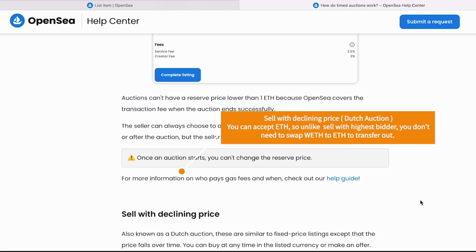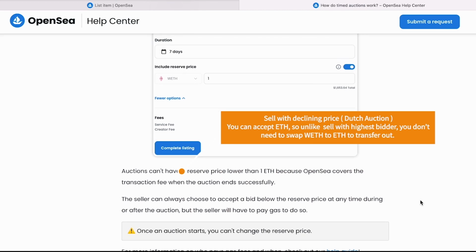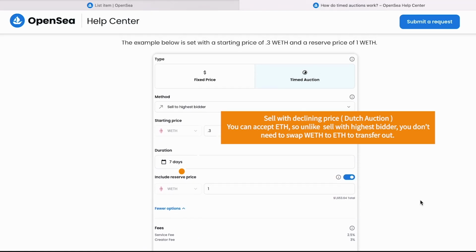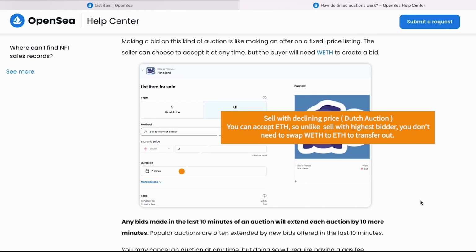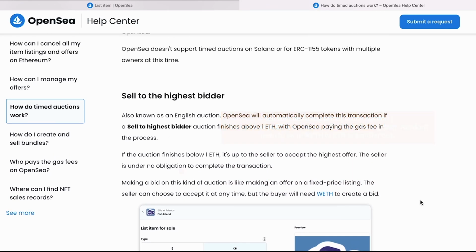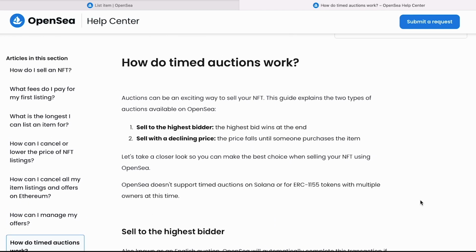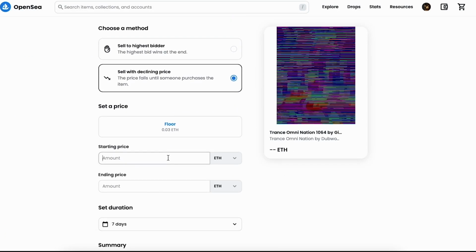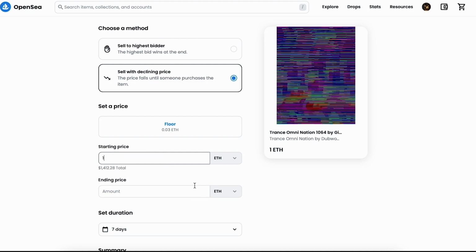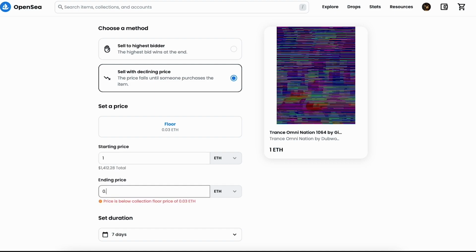They can reserve the price, they offer that price to you. If you choose sell to highest bidder, and the auction finishes above 1 ETH, OpenSea pays the gas fee in the process. If the auction finishes below 1 ETH, it's up to the seller to accept the highest offer.